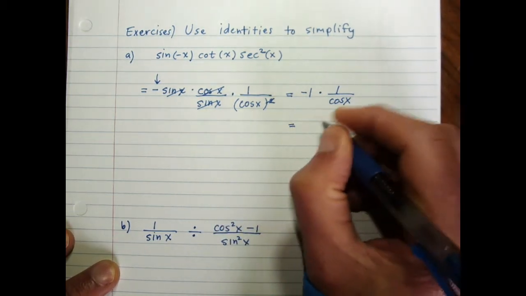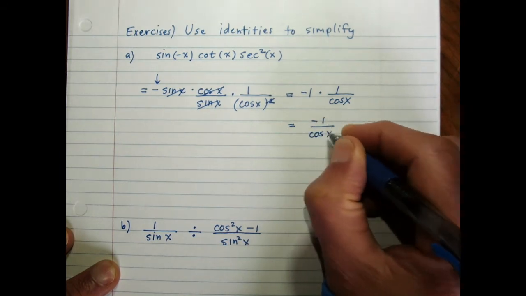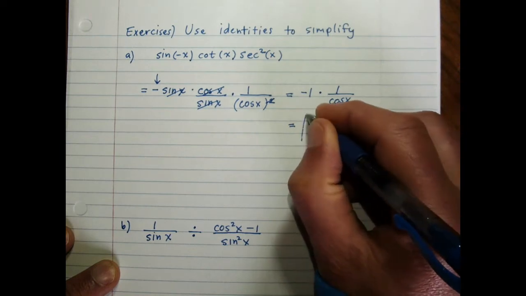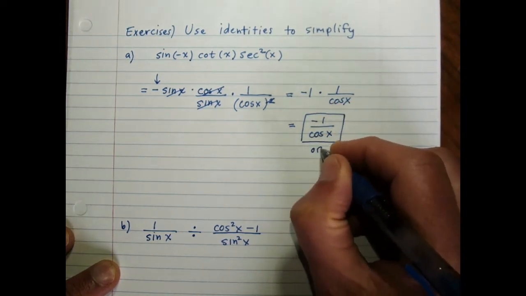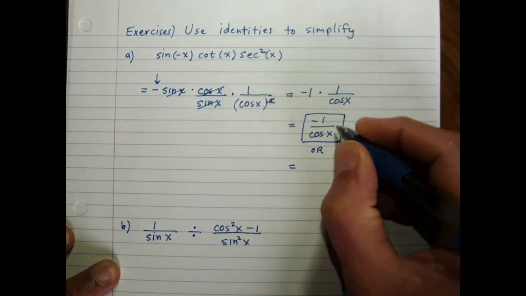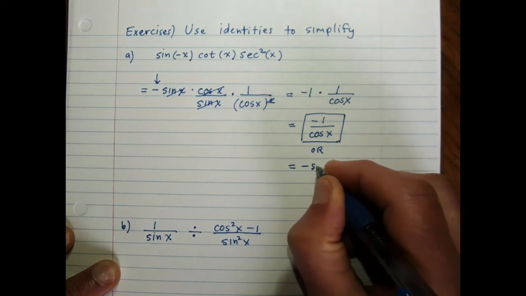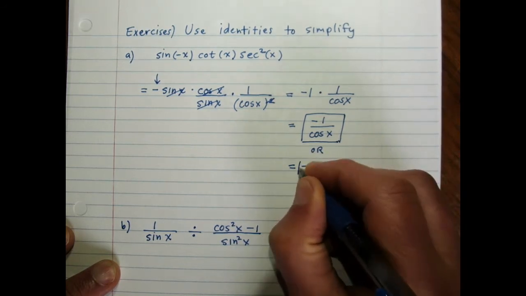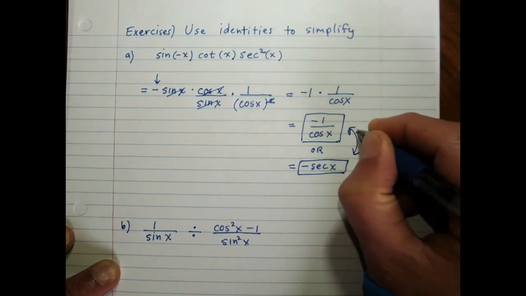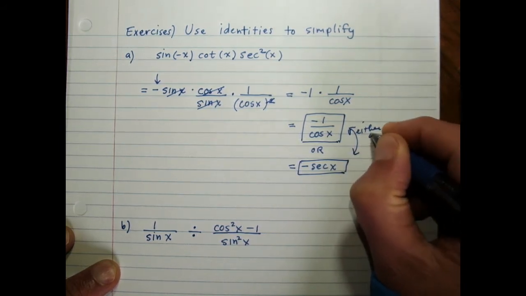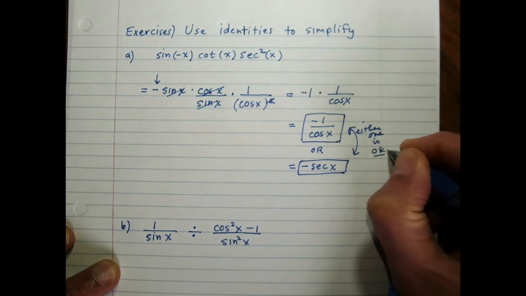So it looks like this simplifies to minus 1 over cosine x, which is perfectly okay with me for a final answer. Or if you want to be a little bit fancy about it, 1 over cosine is secant, so you could write minus secant x. Either one is fine for an answer.